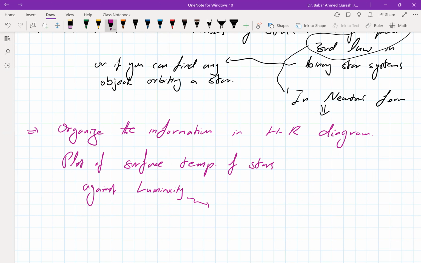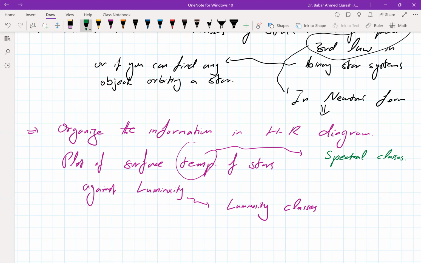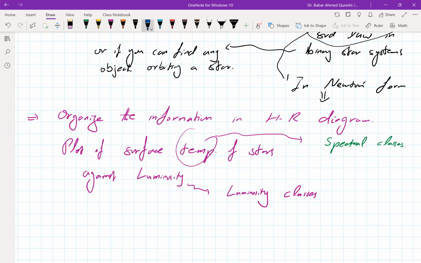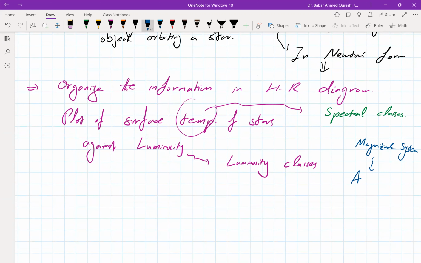How luminous a star is, we classified in luminosity classes. And the temperatures, we classified into spectral classes. And we also had this magnitude system, which is related to apparent brightness.